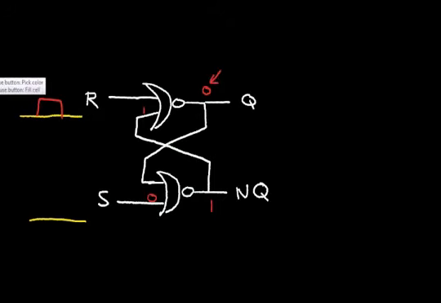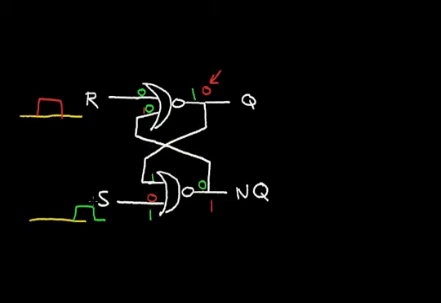And in a similar way, when the set goes high, let's say at a different time here, set going to a 1 forces this to a 0. This being a 0 here and a 0 here forces this to a 1 that reinforces the 0.